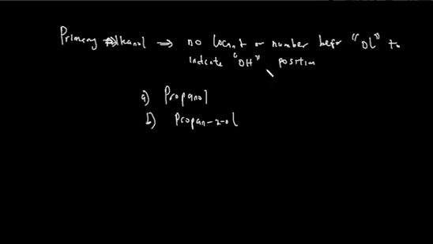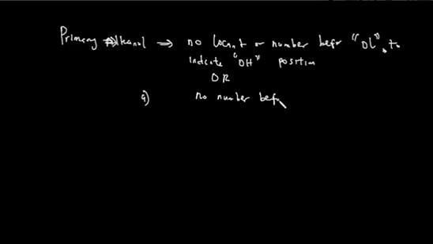Do you get what I'm saying? No. Okay, let's take this again. But write this down. If there is no locant or number before the "ol" to indicate OH position, or no number before the alkanol's name indicating the position of OH.